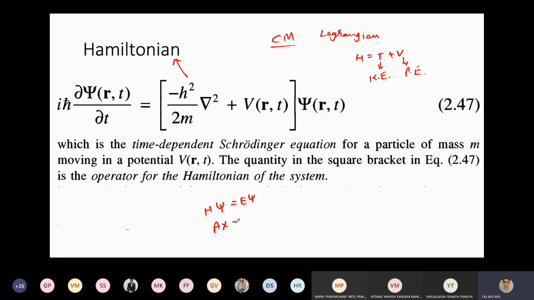If you see a standard matrix equation, which you must have studied, it is Ax equal to lambda x, where A is the operator, x is your eigenvector, and lambda is nothing but your eigenvalue.